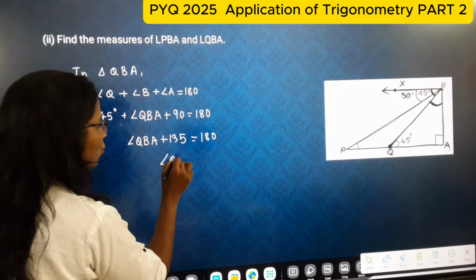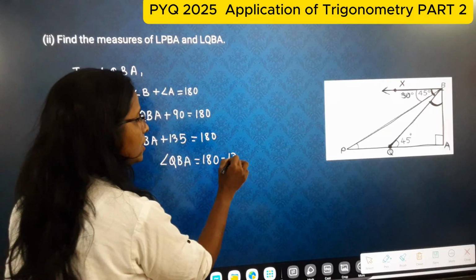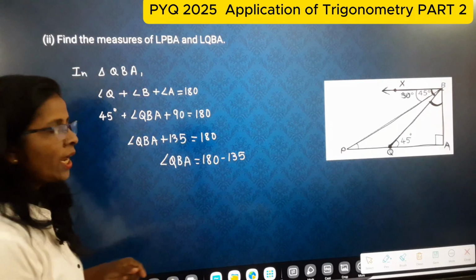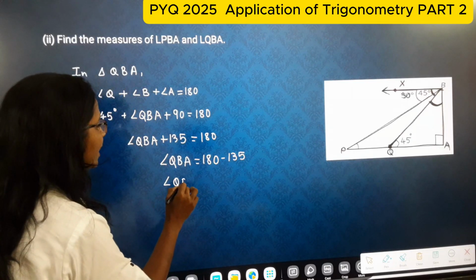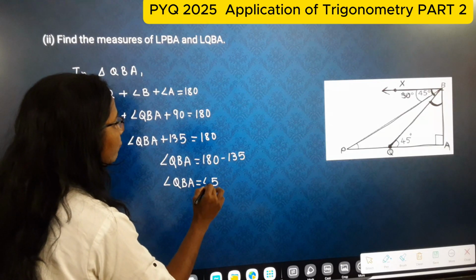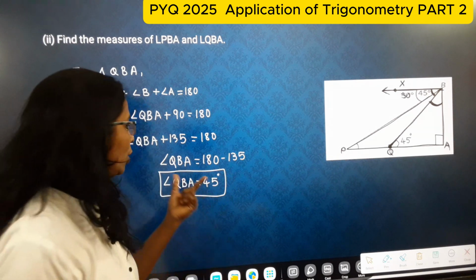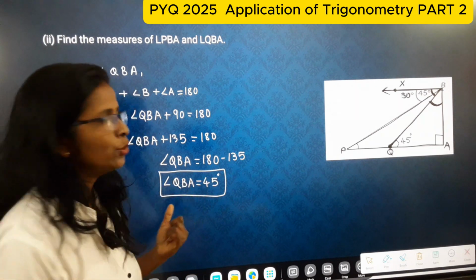So now angle QBA is equal to 180 minus 135. Okay, so now angle QBA is equal to 45 degrees students.